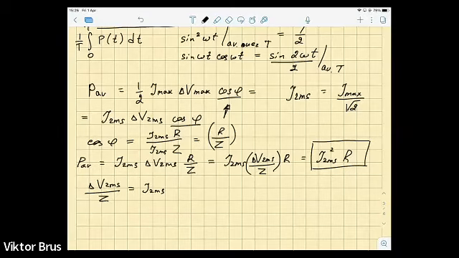We have three elements of the circuit: an active resistor, a capacitor, and an inductor. Since we don't have any C or L, capacitance or inductance, included in the final equation for average power, that means we have dissipation of electric power only on the active resistor. That's resistance R.